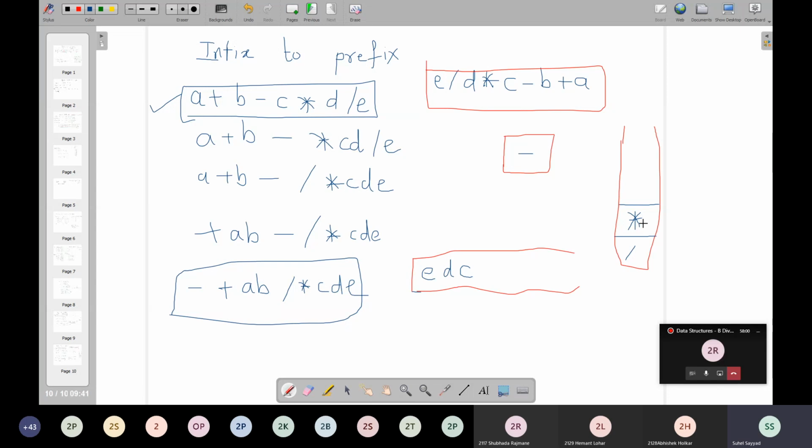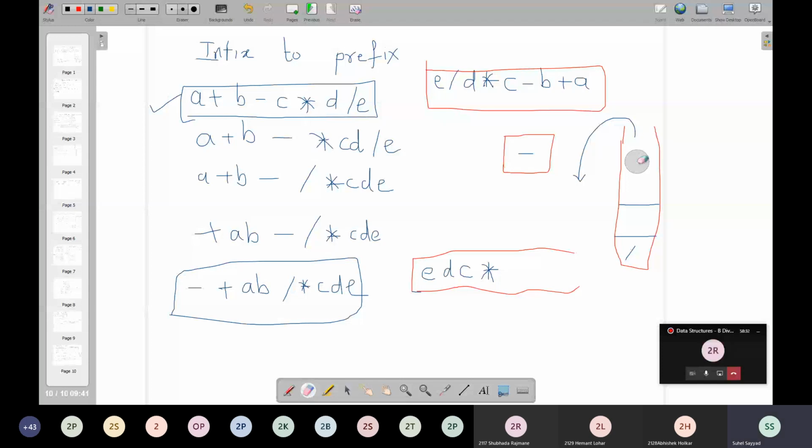Multiplication will be popped. And ideally we try to push minus now. But as I told you, when we try to push that minus, we should also check it with respect to the current top of stack. What is now the current top of stack? Divide. Now again, precedence of minus is less than precedence of divide.